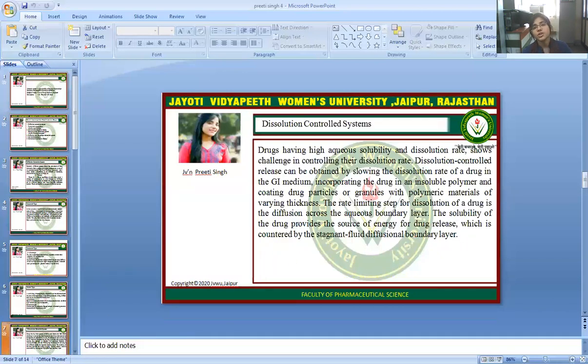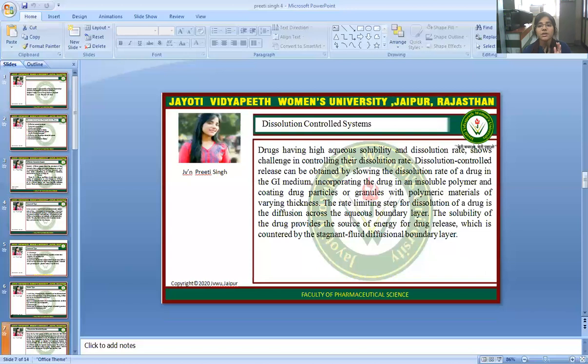Now the dissolution control system. Drugs having high aqueous solubility and dissolution rate pose challenges in controlling their dissolution rate. Dissolution controlled release can be obtained by slowing the dissolution rate of a drug in the GI medium, incorporating the drug in an insoluble polymer, and coating drug particles or granules with polymeric material of varying thickness.